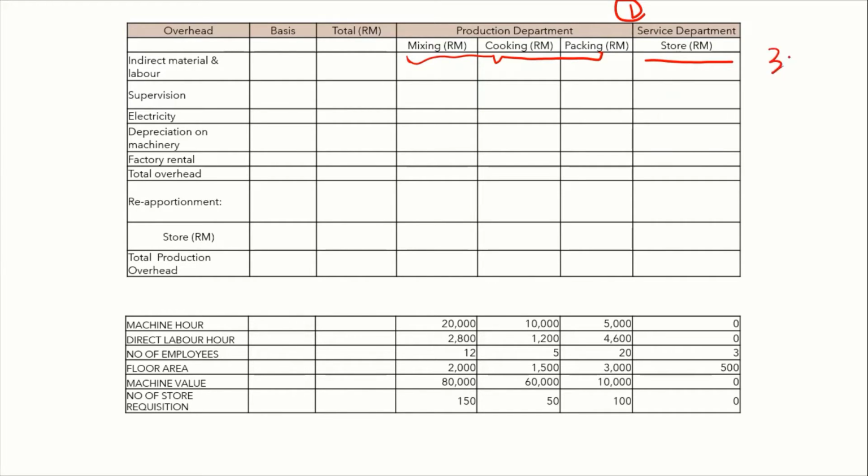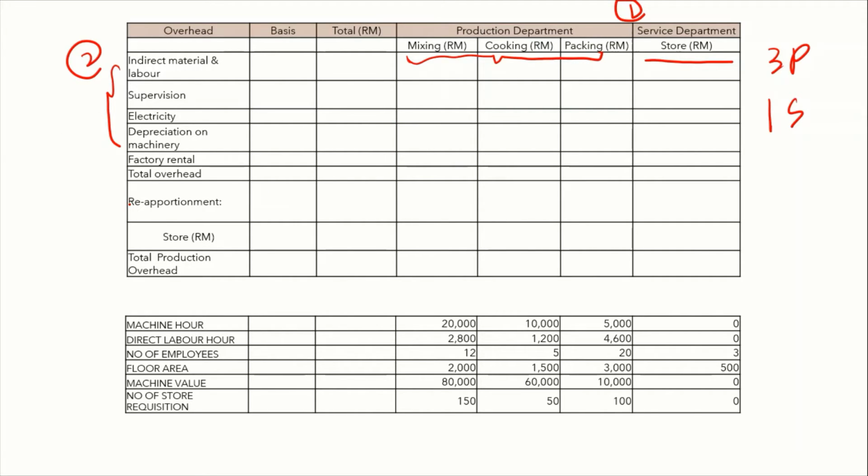We have 3 production, 1 service. This is all based on the question. Second, you list out the overhead costs, which are also given in your question. So you have indirect material, labor, supervision, electricity, depreciation on machinery, and factory rental. All these are given, so you must put them in the correct position.